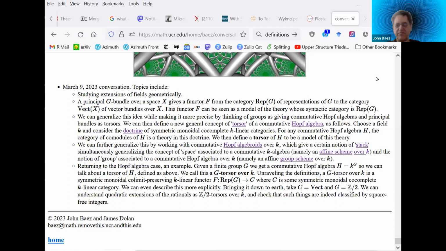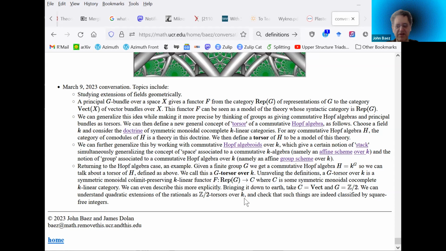So anyway, it's good that I did this, because there are tons more things to think about than I even noticed. But nevertheless, the summary is great. So what we were aiming to do is to think of quadratic extensions of the rationals as Z mod 2 torsors over the rationals.